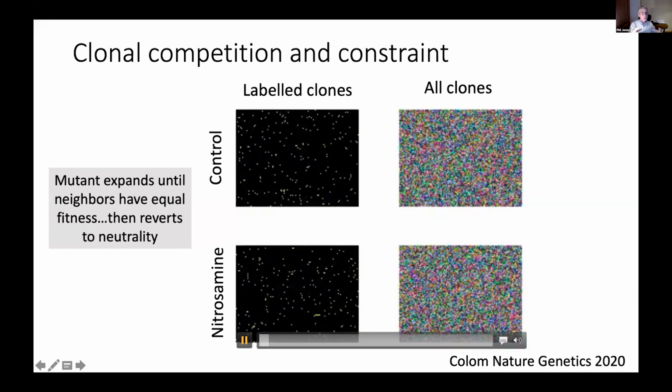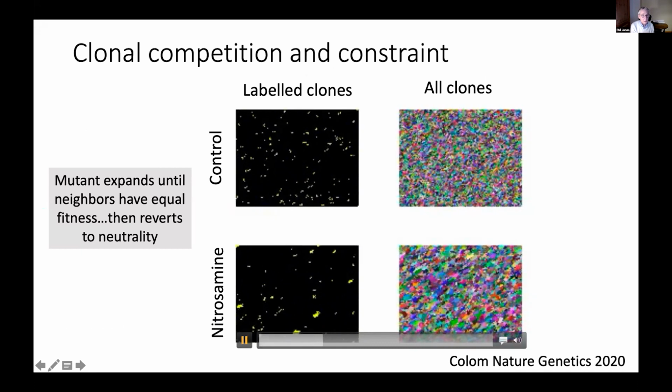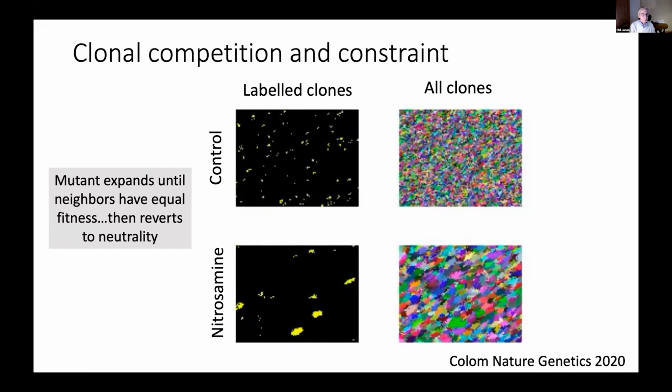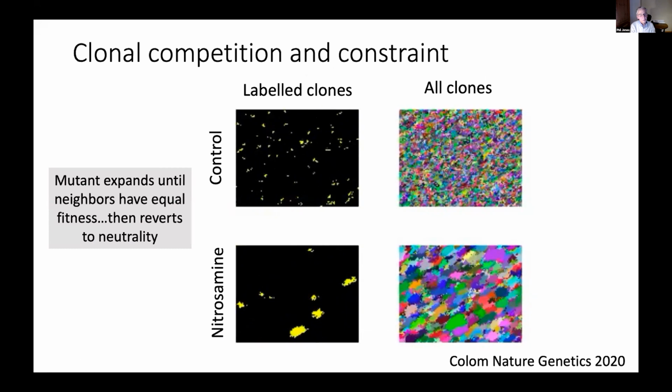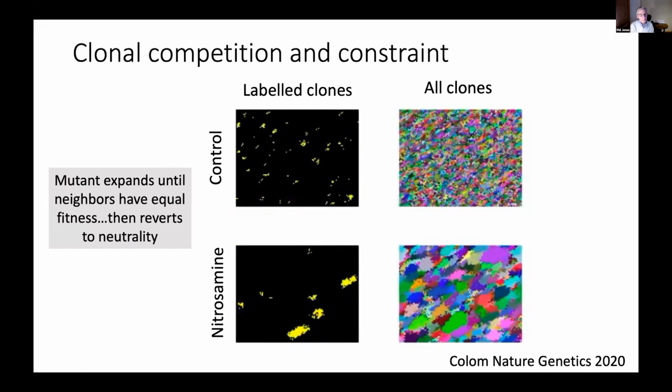Clones expand. This is a simulation, but it fits all of the data. And when they collide with an adjacent clone of similar fitness, then that clone with a proliferative advantage reverts back to neutrality. And that's how you can have clones with a strong proliferative advantage remaining in a normal tissue.